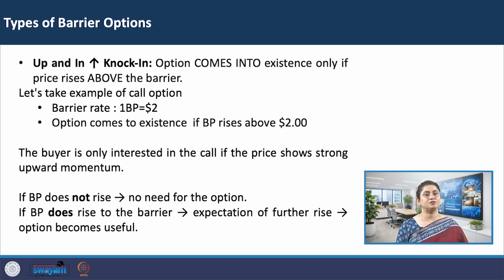If the British pound remains below 2 before expiry, the option never comes into existence. The buyer is only interested in the call if the price shows strong upward momentum. If the British pound does not rise, then there is no need for the option. If the British pound rises to the barrier, signalling expectation of a future rise, the option becomes useful.